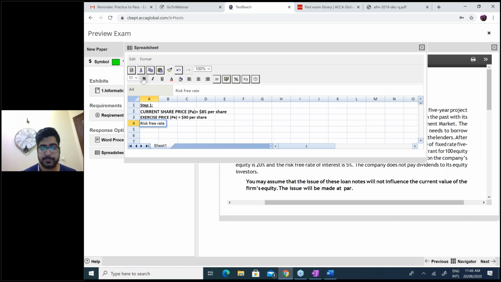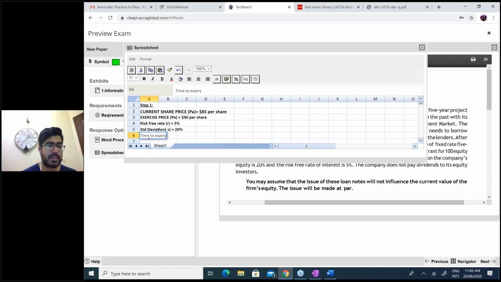Risk-free rate, that's R. What was the risk-free rate? 5%. Then volatility, standard deviation, that's S. It's 20%. And time to expiry.